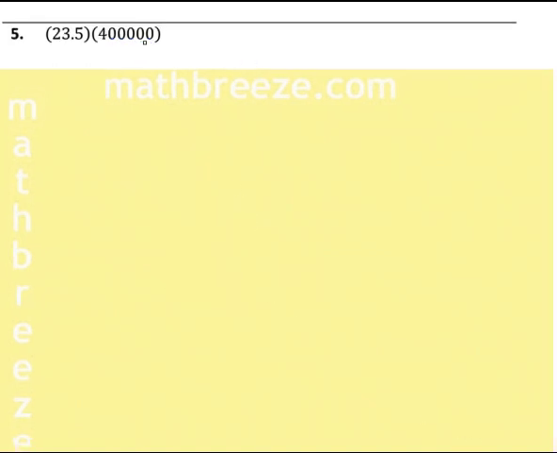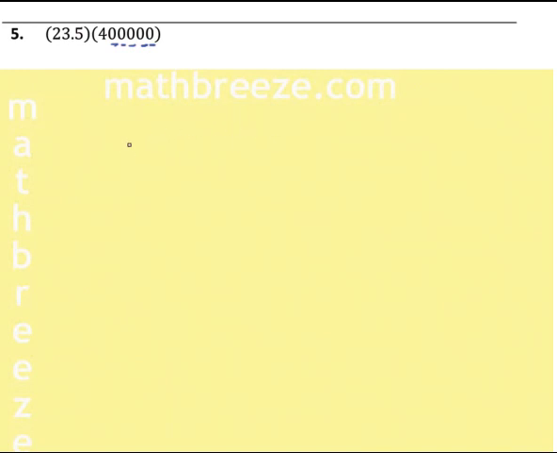Here we're multiplying by a 4, followed by 1, 2, 3, 4, 5 zeros. So we're going to do something similar to what we did when we multiplied by a power of 10, moving the decimal point over, but with a little variation.